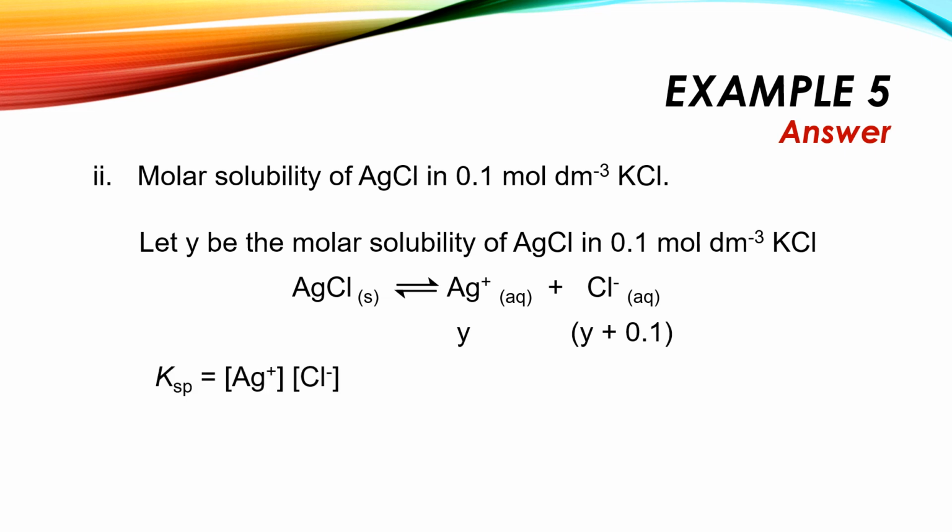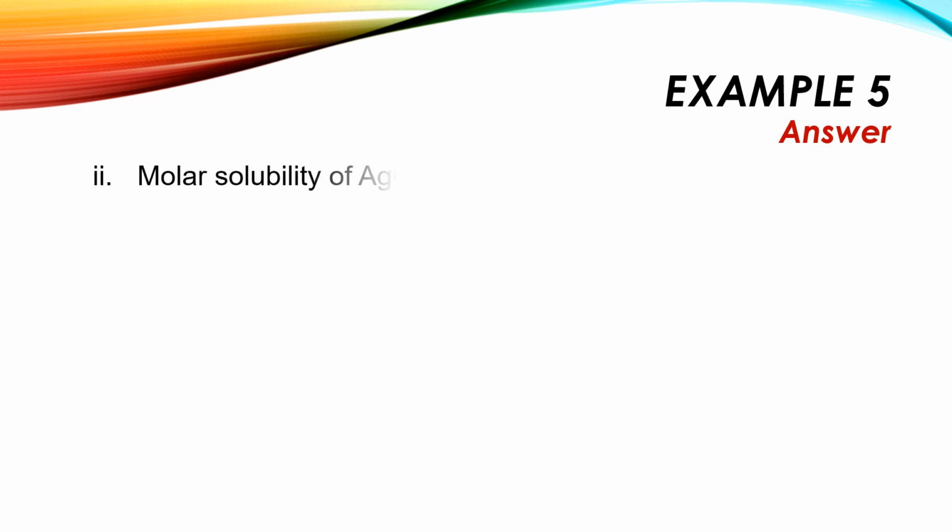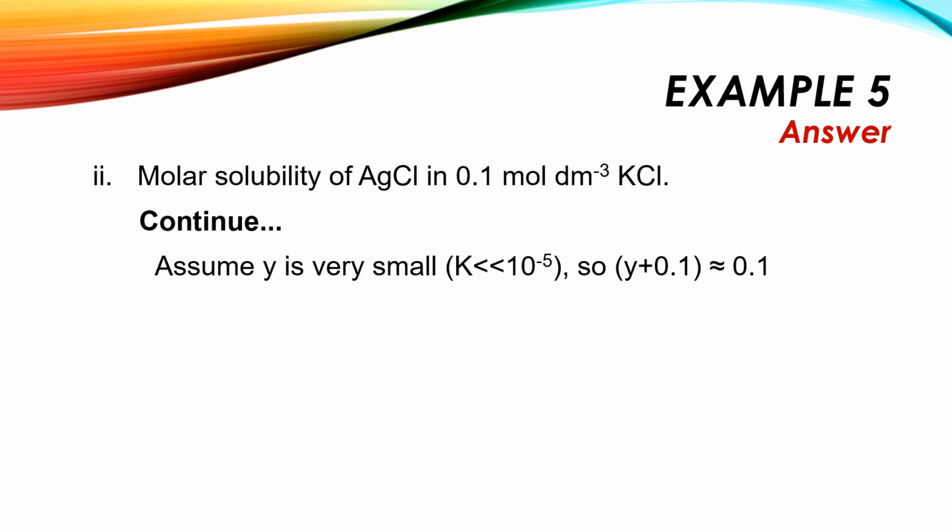Thus, writing the Ksp expression and substituting all the values gives 1.7 × 10^-10 = y times (y + 0.1). We can assume that the value of y is very small. This is due to the value of Ksp being very small, less than 10^-5. So, for y plus 0.1, we can assume 0.1 only.